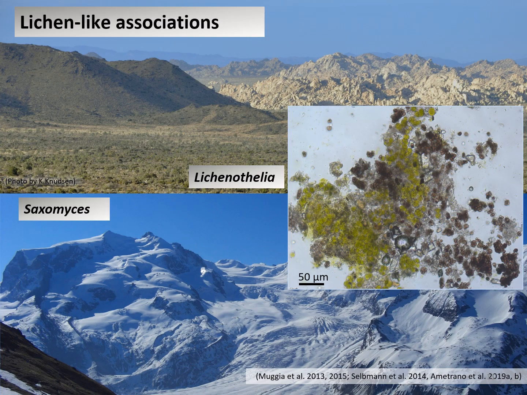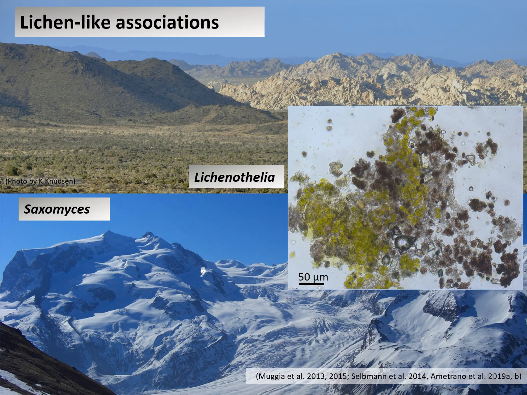But when we move to rock substrates and towards higher altitude and drier environments like mountain deserts and so on, we find on rocks lichen-like associations between filamentous black fungi, or also microcolonial black fungi, and algae.